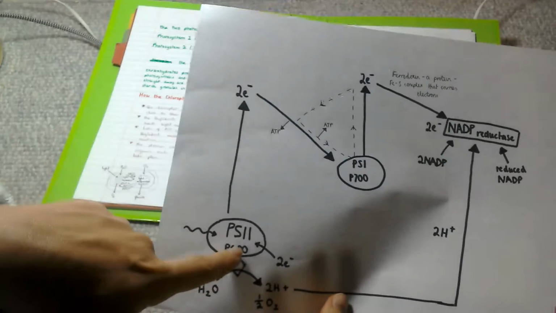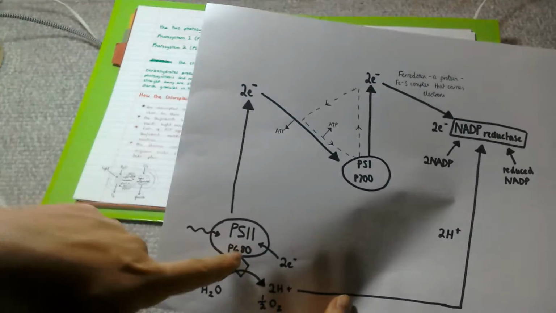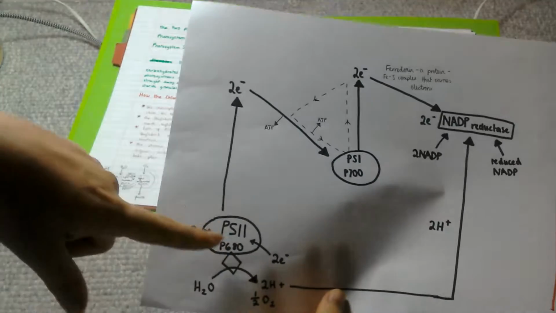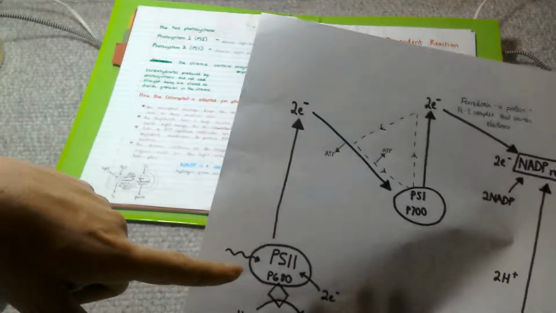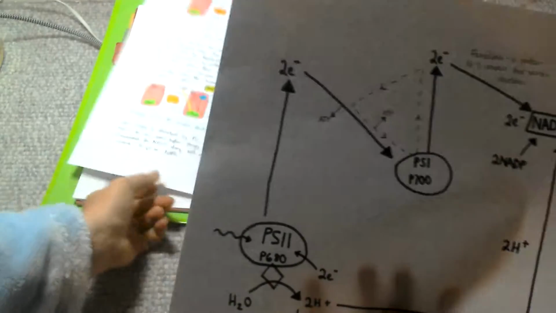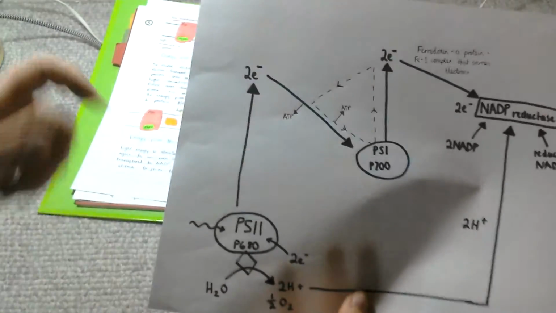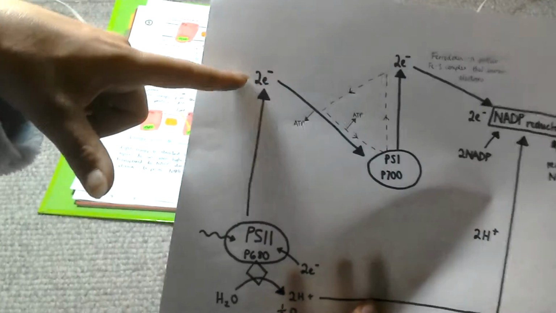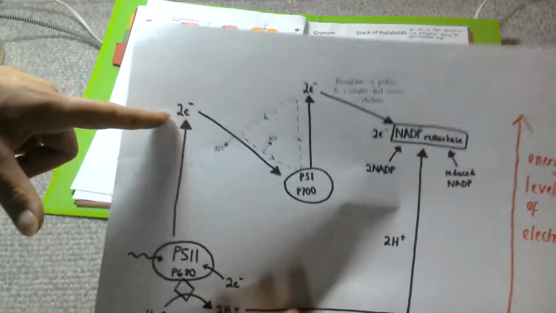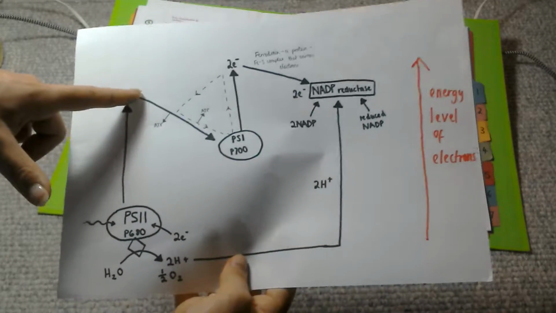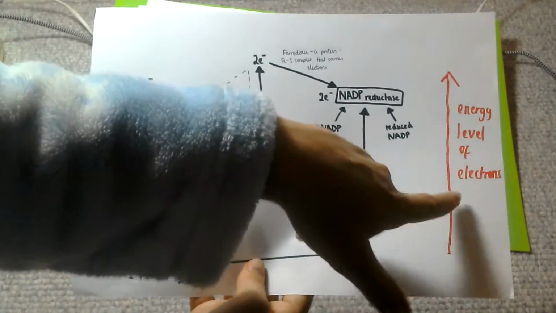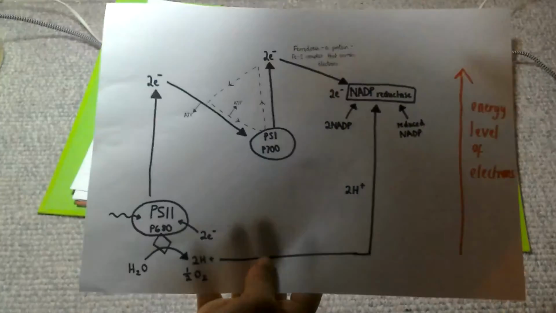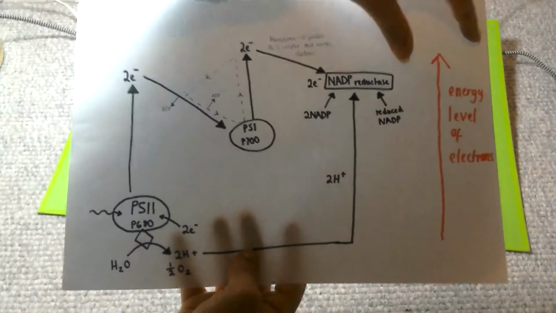And this actually excites two electrons inside the chlorophyll. This chlorophyll releases 2 electrons, and the electrons are excited, really excited. So they go up an energy level. This going up means the energy of the electron has gone up.